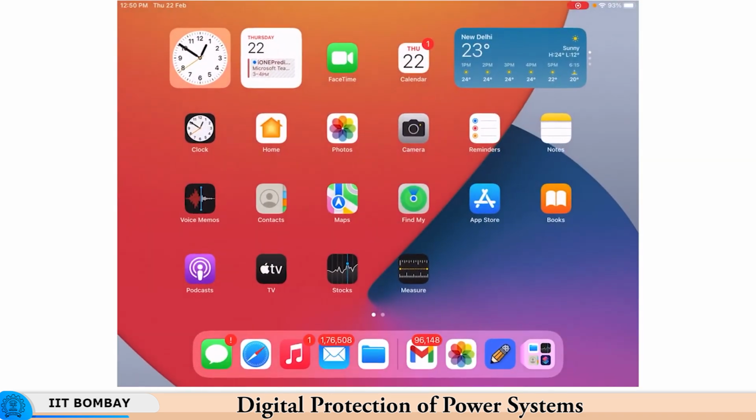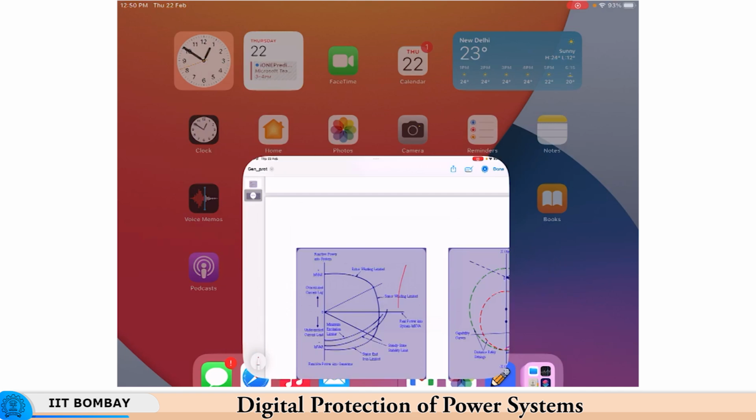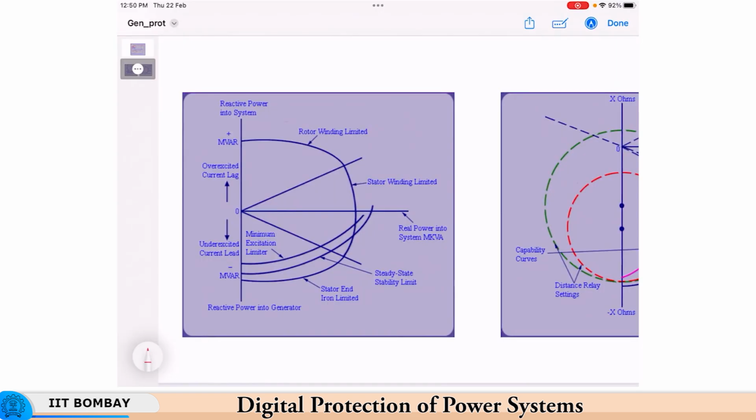Okay, you can see it from the capability curve. So, the x axis is the real power, the y axis is the reactive power axis, plus MVAR means it is supplying power to the system and it is operating at a lagging power factor. Minus MVAR means it is absorbing power from the system and it is operating at a leading power factor.